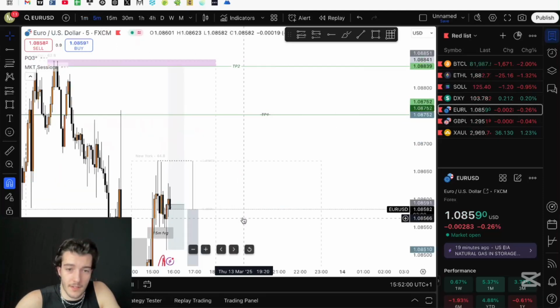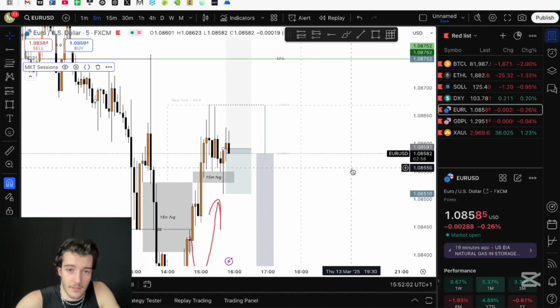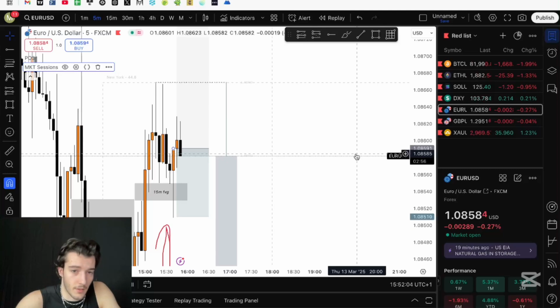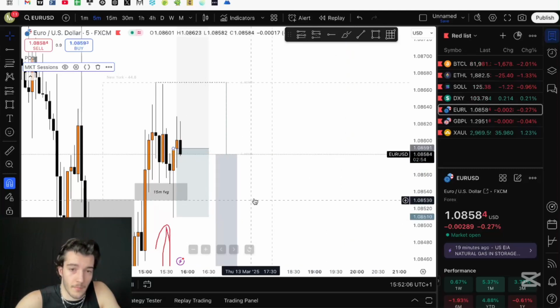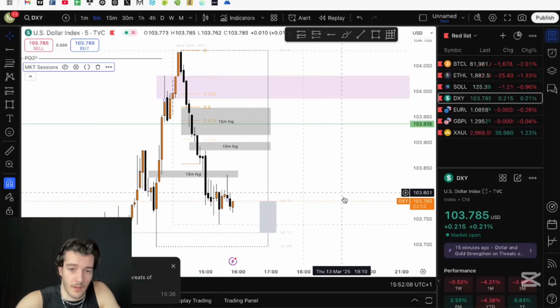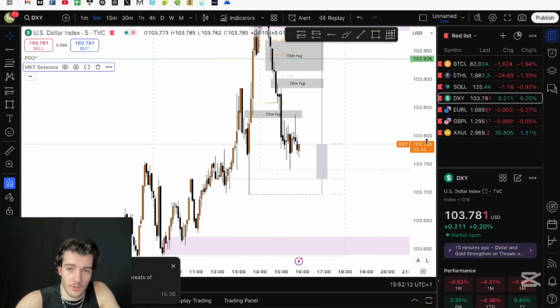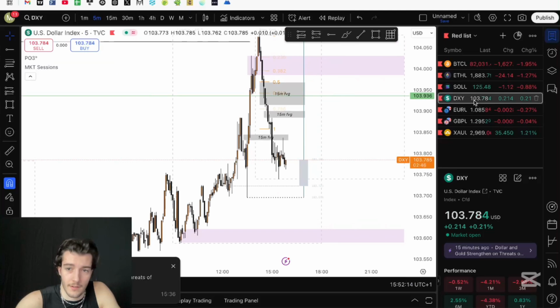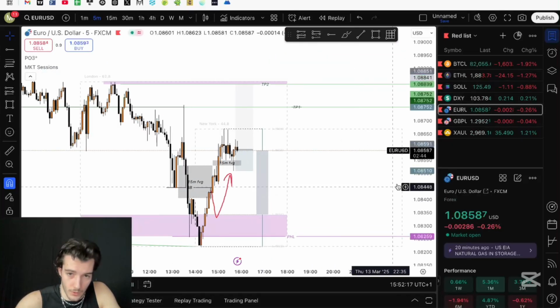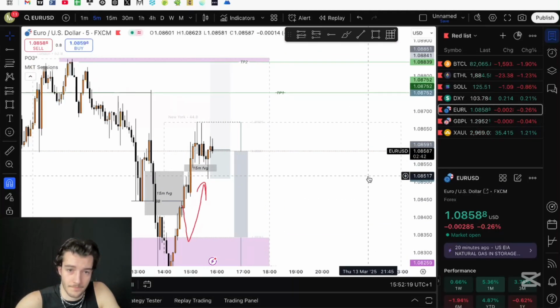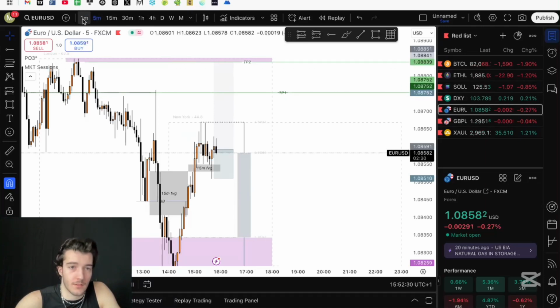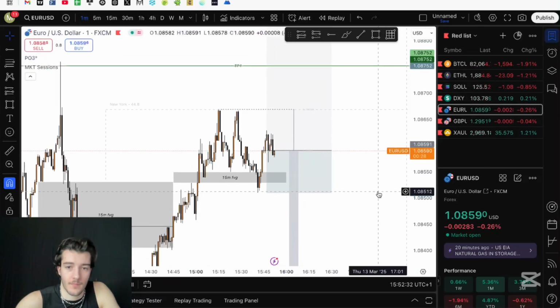The 15-minute candle got respected very nicely. Hopefully we're not gonna come lower, and the dollar is also gonna just move lower here, and we're just gonna push higher on Euro. Let's see how it's gonna play out.